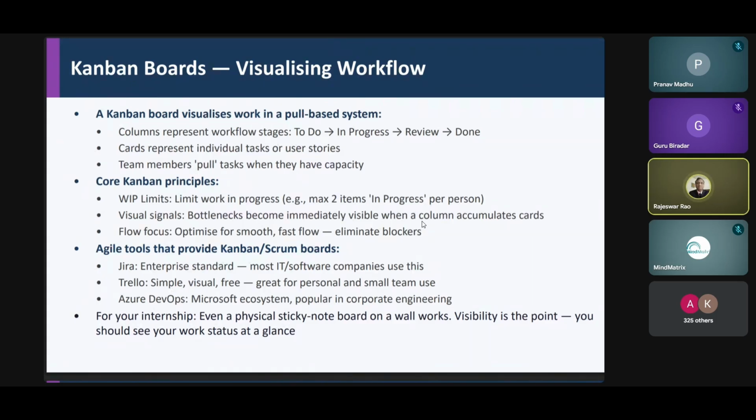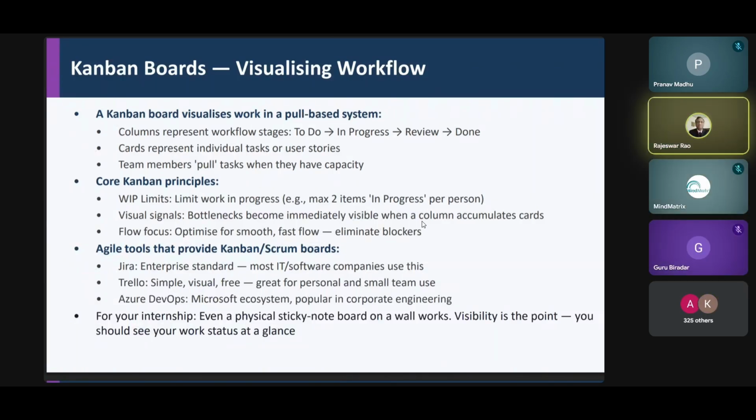Everything is visible on a visual demonstration of the entire workflow of the project. This is what is called visual management. In the hierarchical and waterfall model, this was visible only to the project manager.